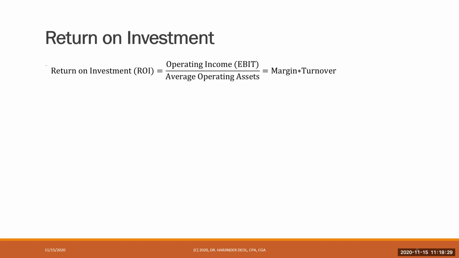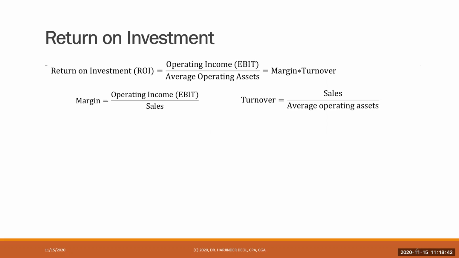You can also calculate ROI by multiplying margin with turnover, where margin is defined as the operating income divided by sales, and turnover is sales divided by average operating assets. And you can see if you were to multiply margin by the turnover, sales will cancel out and you'll end up with operating income over average operating assets, which is the original formula for the ROI.